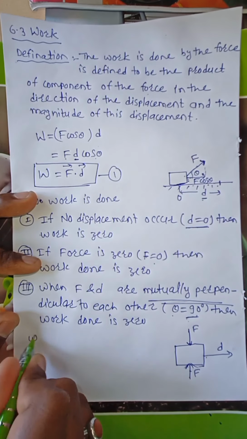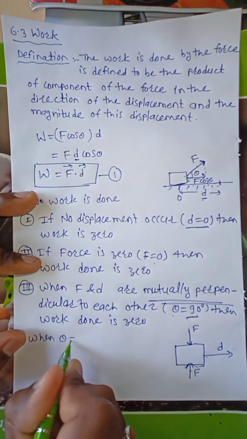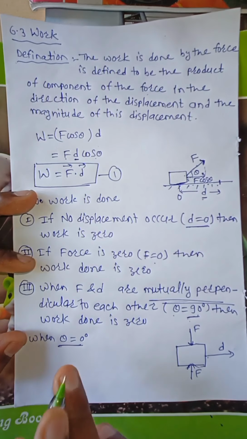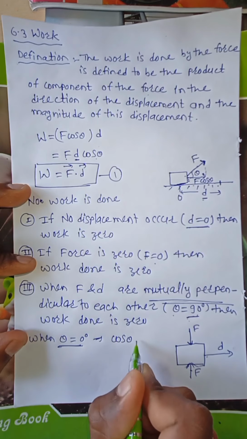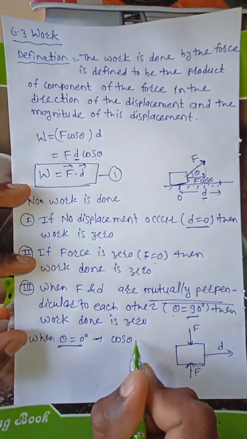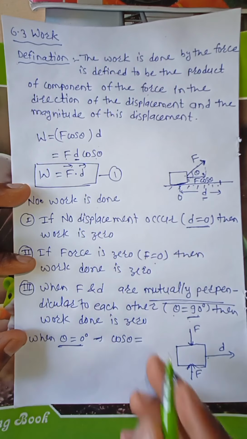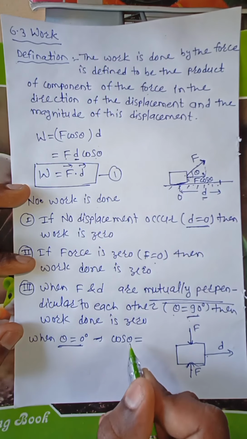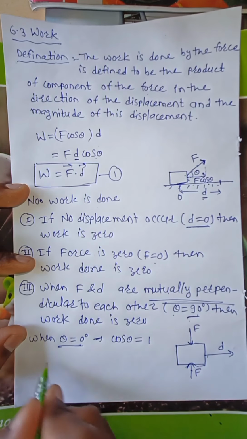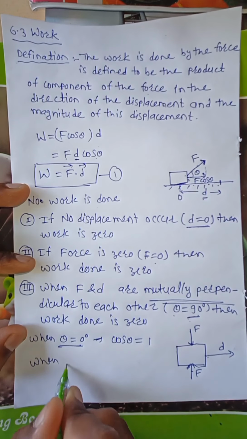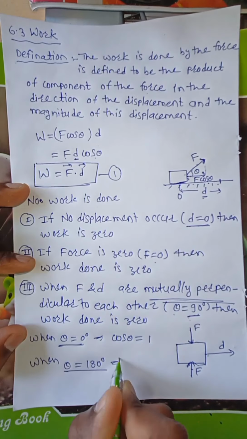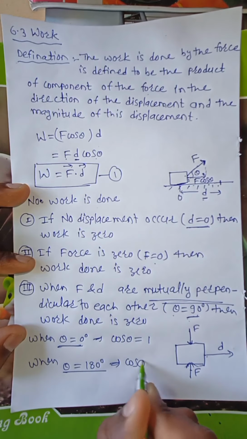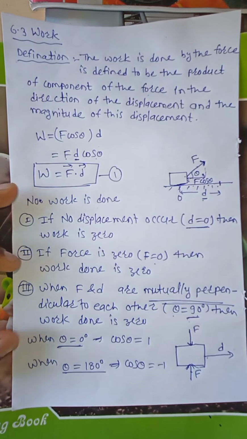Now in second case, when theta is 0 degrees, what happens? Cos theta, cos 0 is how much? When theta is 0 degrees, cos theta is plus 1. When theta is 180 degrees, cos theta is minus 1.